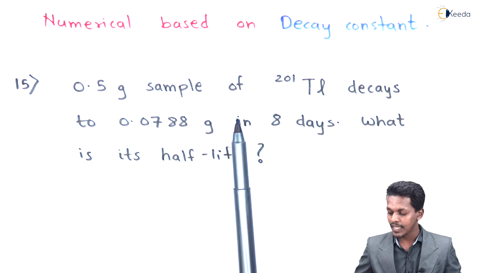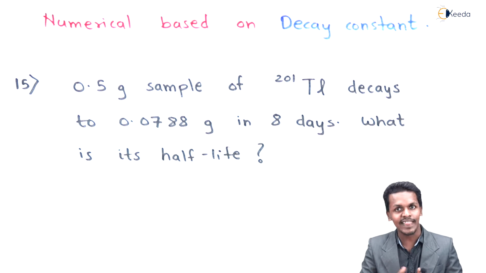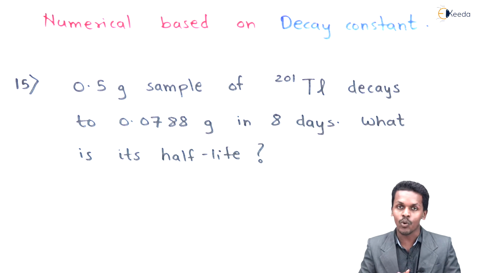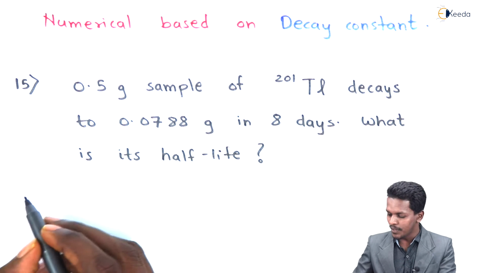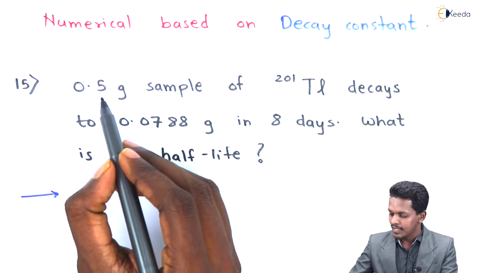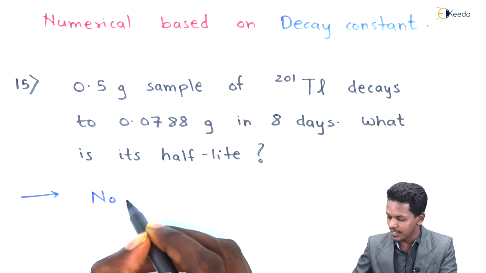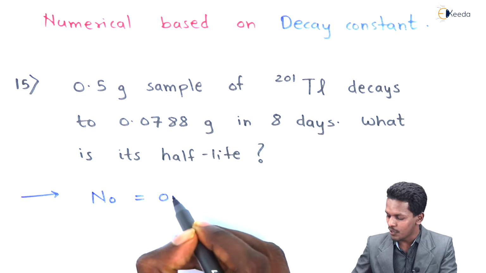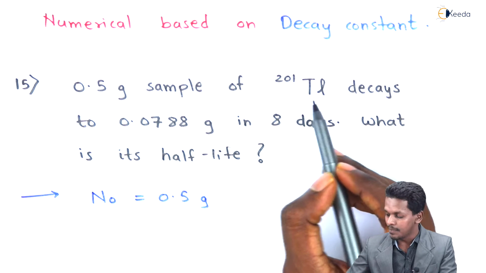So let's see what data is given in this question, and let us write it here first, and then we will be able to find out which data is incomplete. First of all, the original sample, which has an amount of 0.5 gram, is n0, given here as 0.5 gram of thallium.